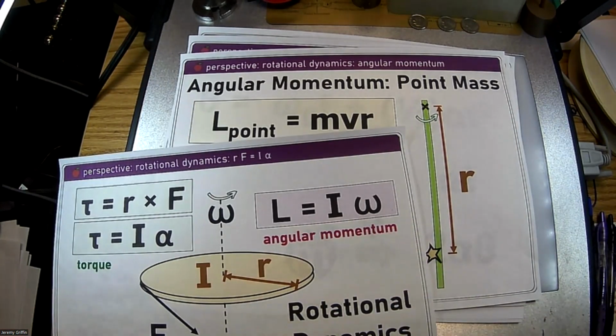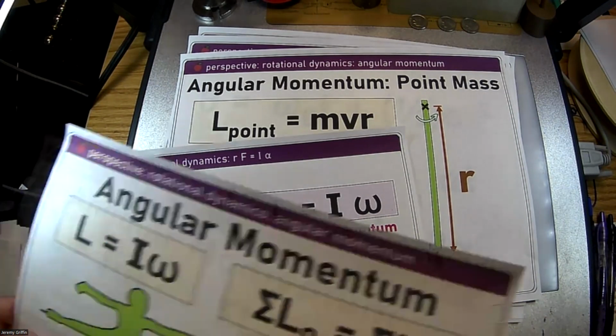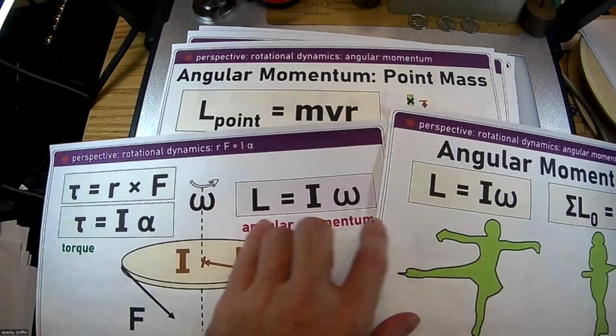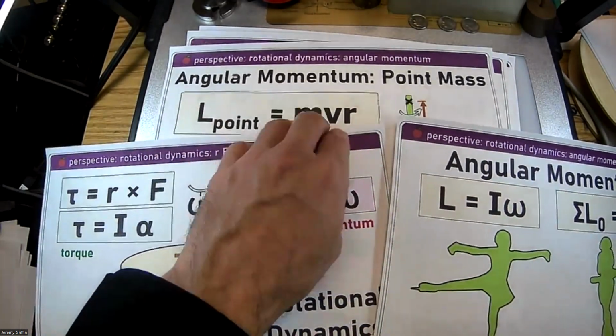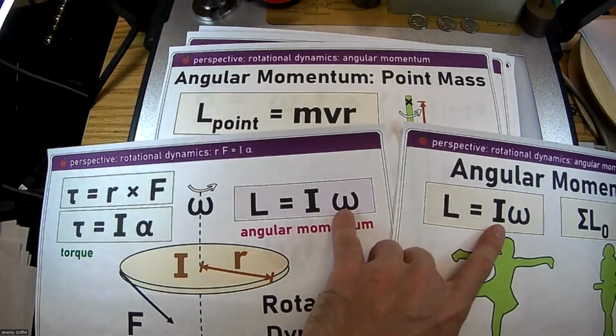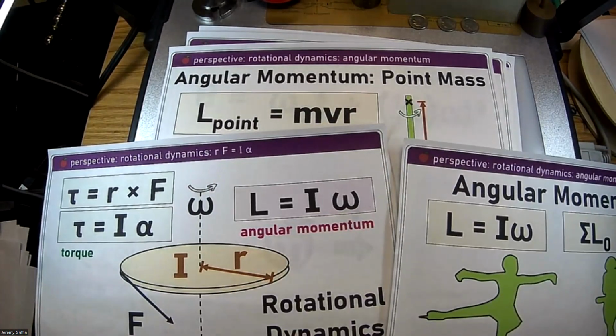I know I got a poster for the ice skaters too. Here's the ice skaters. It's the same expression. I just wanted to remind you guys of the same thing. So mvr equals I omega. Then you could just solve for omega. That's the general premise, the big picture of what we're looking for.